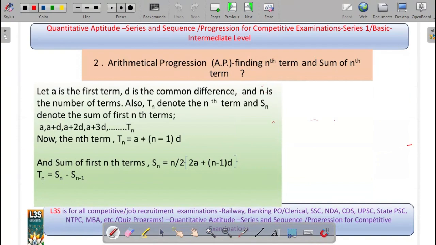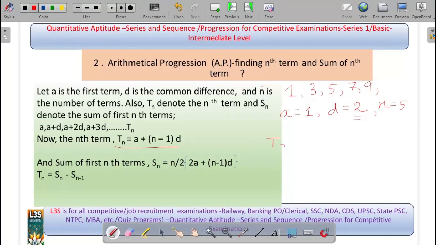Now, two important formulas for arithmetical progression, AP: finding the nth term and the sum of n terms. For example, we'll take the series 1, 3, 5, 7, 9. Here, what is the initial term? That is 1. Common difference is 3 minus 1, 2; 5 minus 3, 2. So common difference is 2. Say we need the fifth term. By this formula, what will be the nth term?